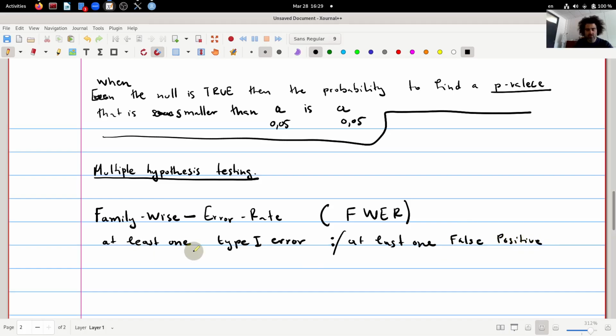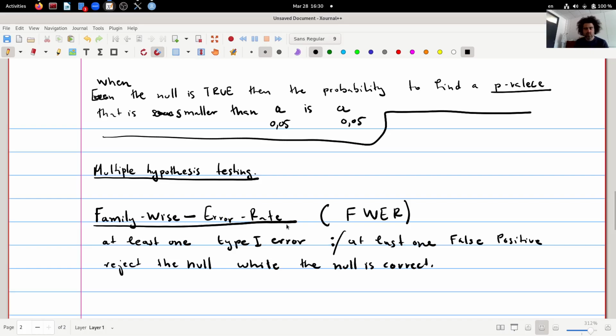So at least one time to reject the null while we should not do it, while the null is correct. So this probability here is called family-wise error rate.